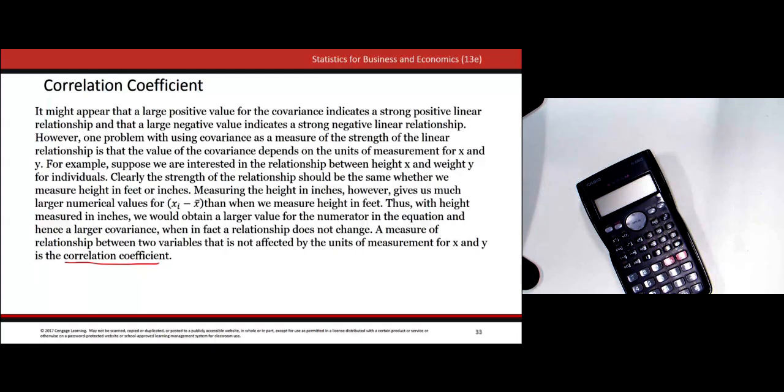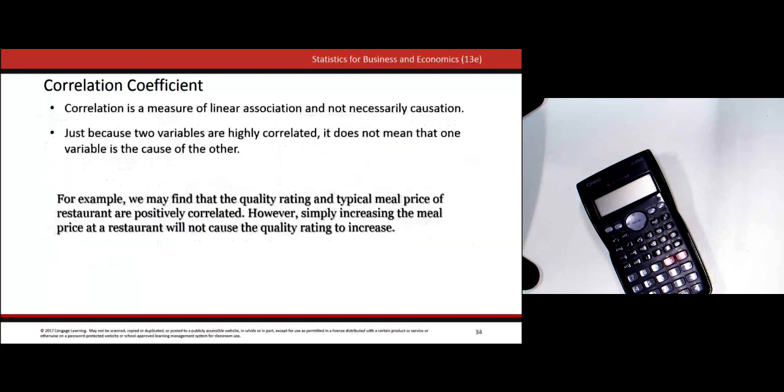So we cannot use the covariance to comment on the strength of the relationship because the covariance depends on the units of the measurement. That's why we also calculate the correlation coefficient, which is unitless, it's not affected by the units of the measurement. So correlation is a measure of linear association and does not necessarily imply causation.